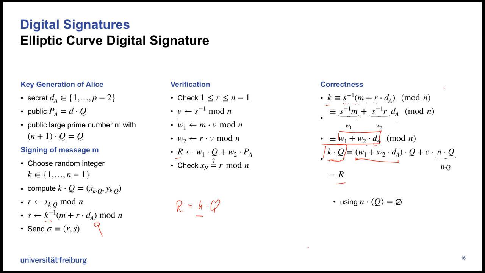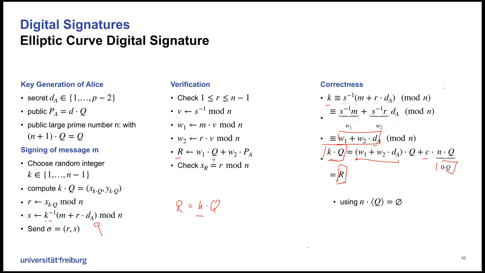And since they are the same, we can say this is a multiple of n. If you look at these values, it's a multiple of n. And since we know that this is 0, we can get rid of it and we get r by just plugging in. So that's basically producing the same result.